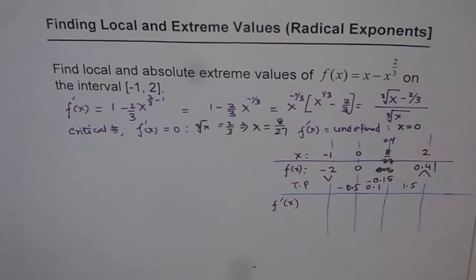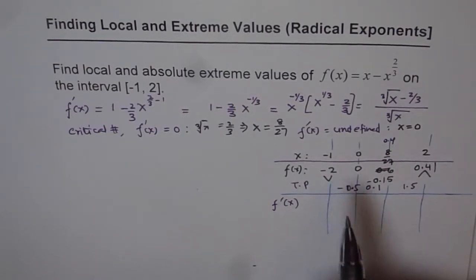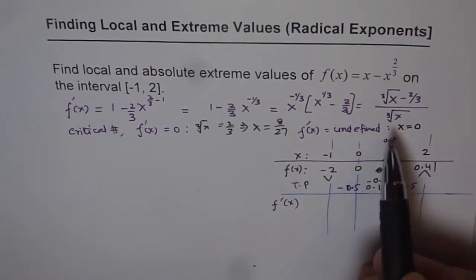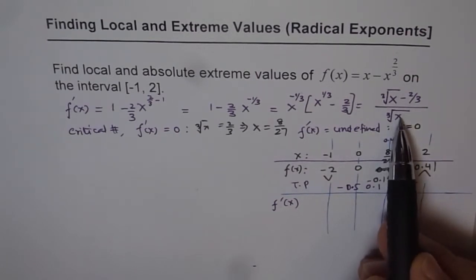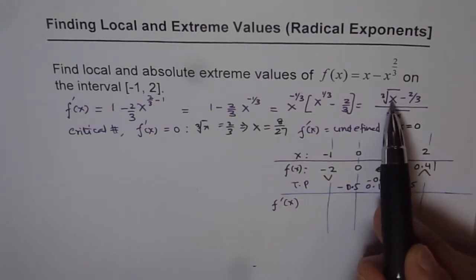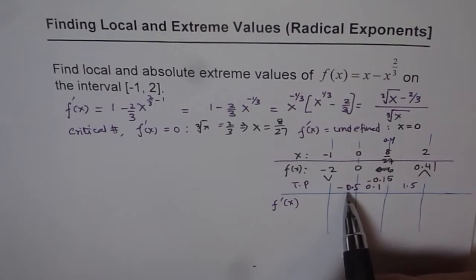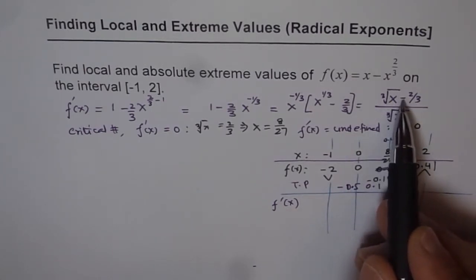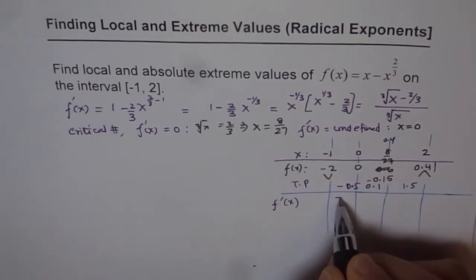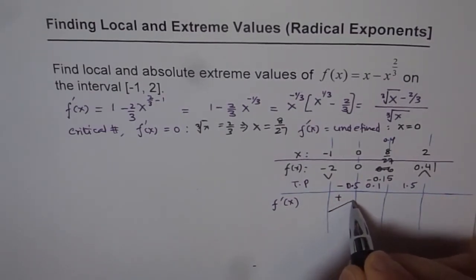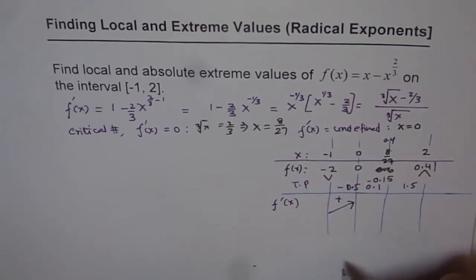Let's put this value and see whether we get a negative or a positive value for x less than 0. This is negative, and this is also negative, right? Negative divided by negative gives a positive result. So we get a positive result here, so our function is increasing in this interval.